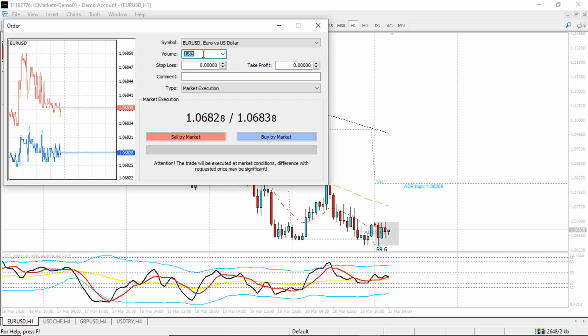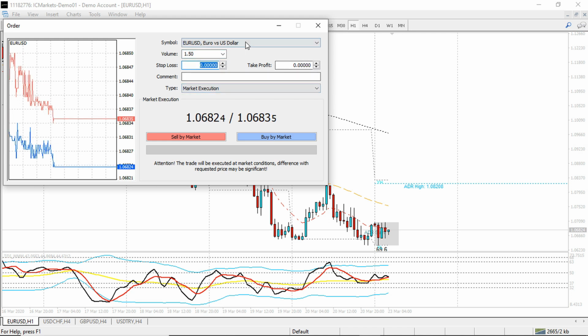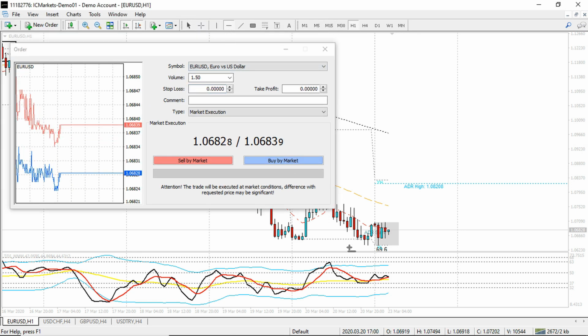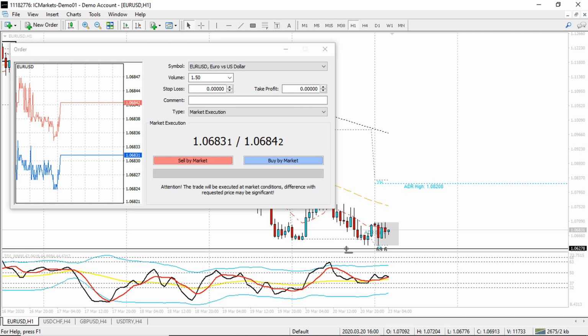So let's input 1.50 lot size, and then the next thing is you fill in your stop loss. So let's determine one point.